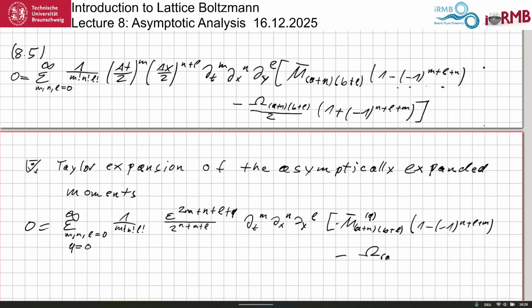So there's the same thing, a plus n, b plus L, order Q divided by 2, 1 plus (-1)^(n+L+m). All the brackets closed. Okay, so this equation.